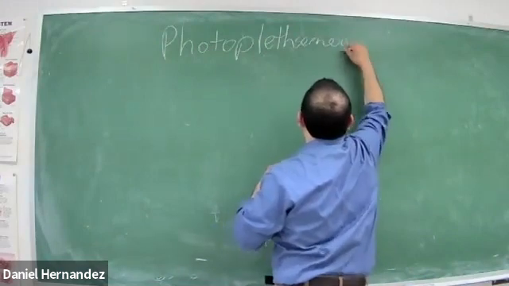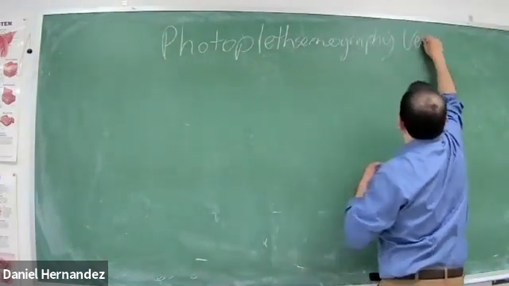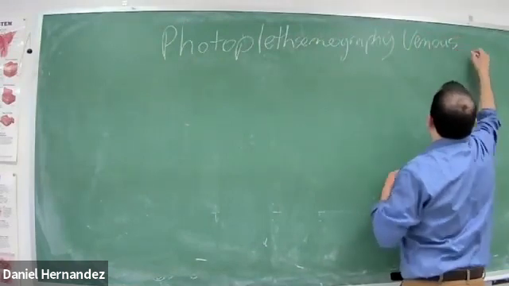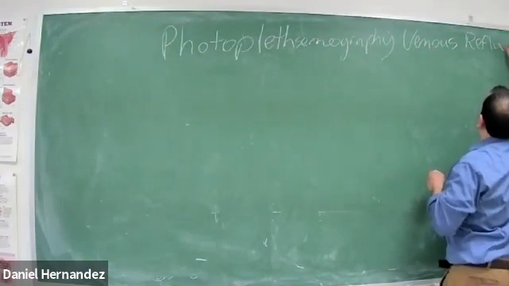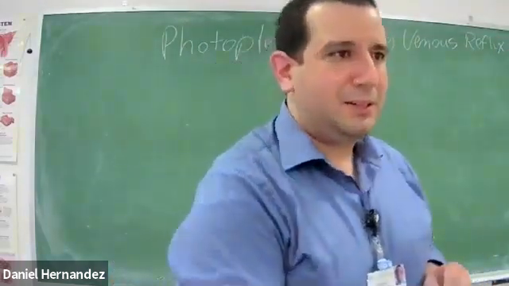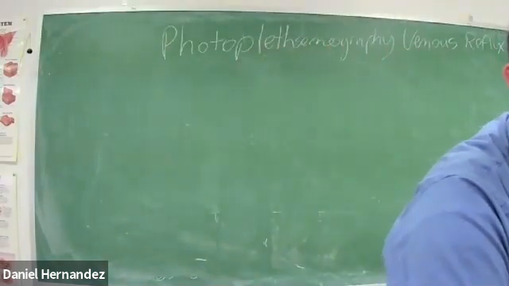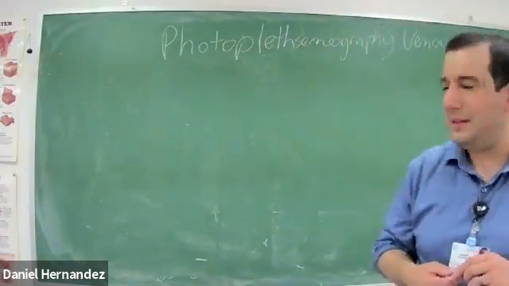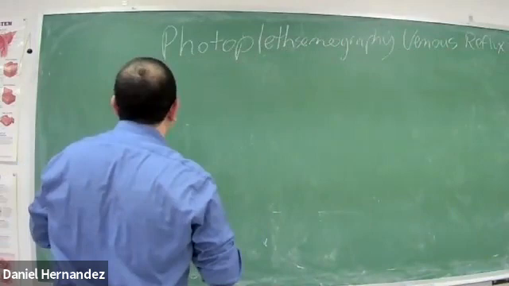Going on, venous reflux. So this was that test where we put the PPG sensor on the patient's ankle, about 5 centimeters above the medial malleolus, the photoplethysmography.